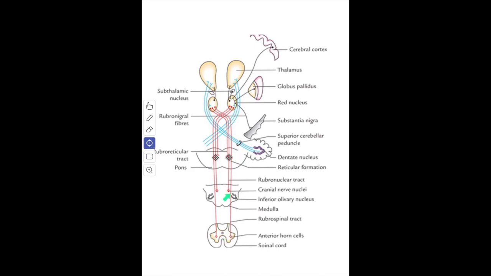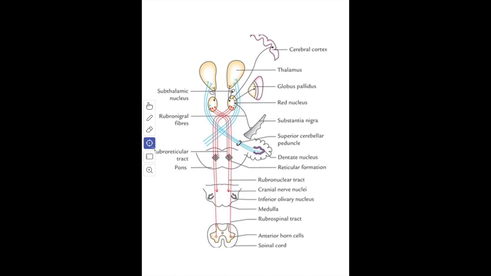The rubro-bulbar tract ends in the motor nuclei of 7th and 5th cranial nerve and also the nuclei of 3rd, 4th and 6th cranial nerve, and rubro-olivary fibers, and then you have the rubro-thalamic fibers and also you have the rubro-cerebellar fibers and rubro-nigral fibers. So from wherever you get the afferent, it gives the efferent fibers also.